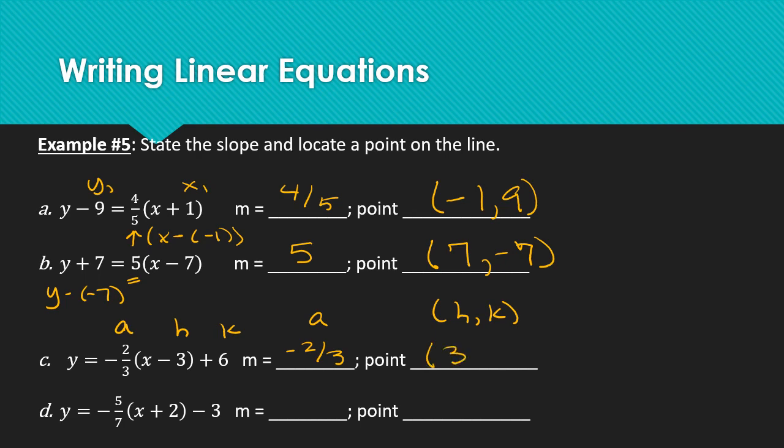And the formula has a plus right here, so this is going to be +6. Some of you will think of it as the opposite of what's on the inside and the same sign as what's on the outside. So example D, my slope is -5/7. And this is really x minus a -2. So my h value or my x1 value for my point is -2. And my k value is -3.